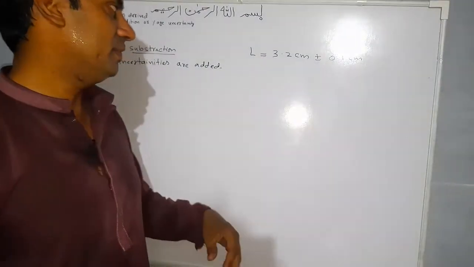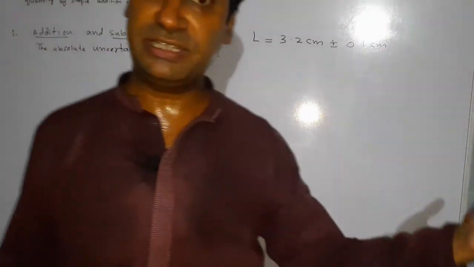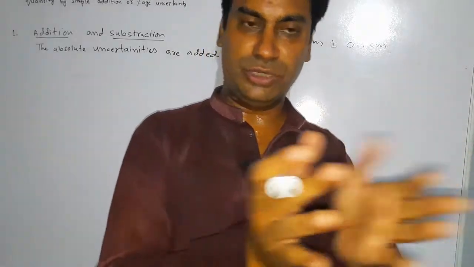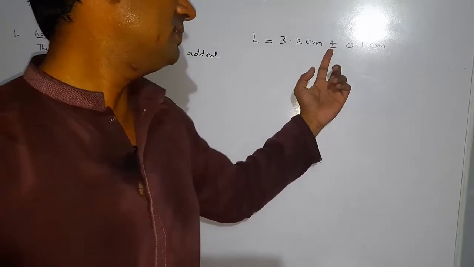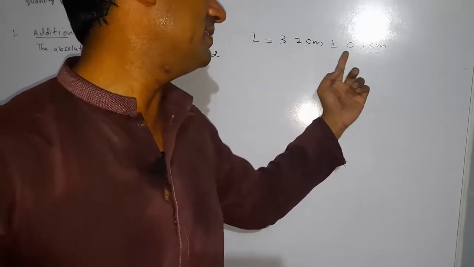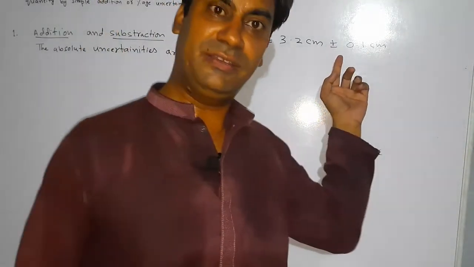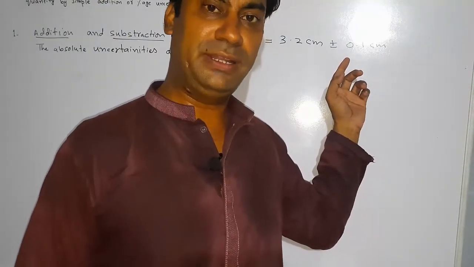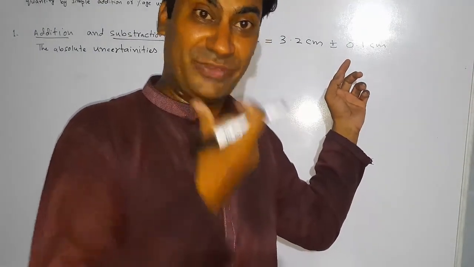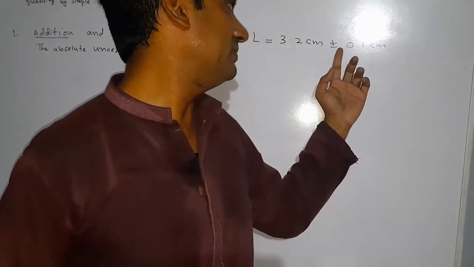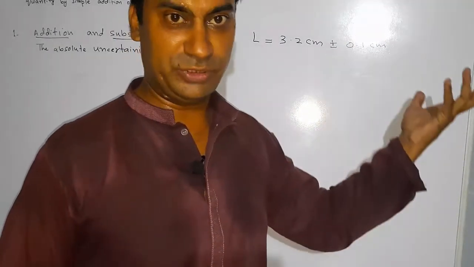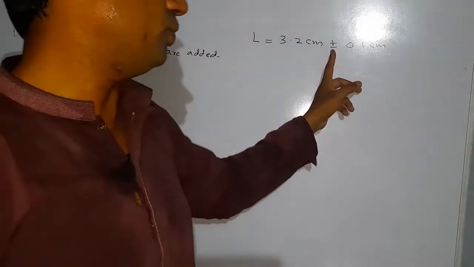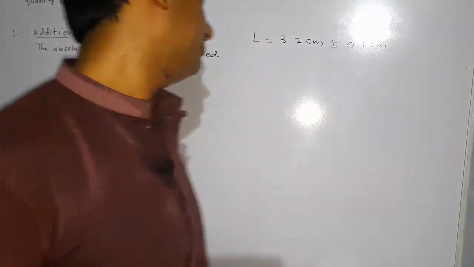The maximum error it must have is 0.1 centimeter. Might be 11.3 is correct, might be 11.4 is correct. The actual reading lies between them. So this plus and minus both indicate that this is the maximum possible error. Might be we measure less than the actual one, might be we measure more than the actual one. So both are possibilities. So absolute uncertainty is always marked with the plus and minus sign.